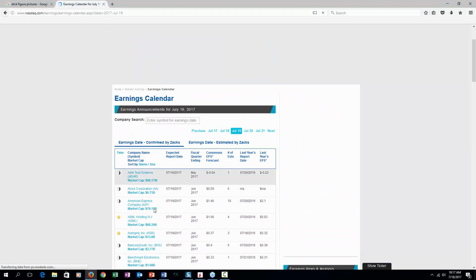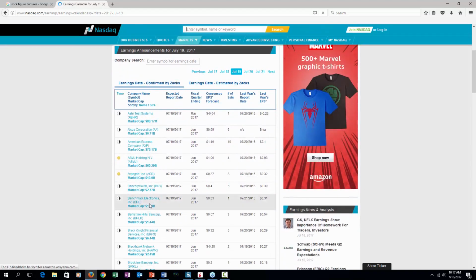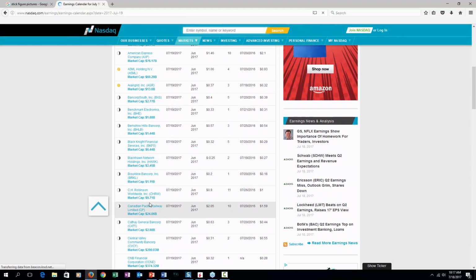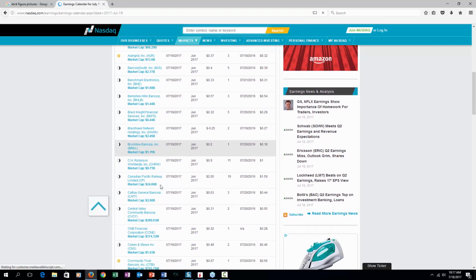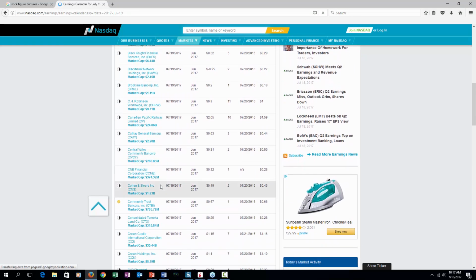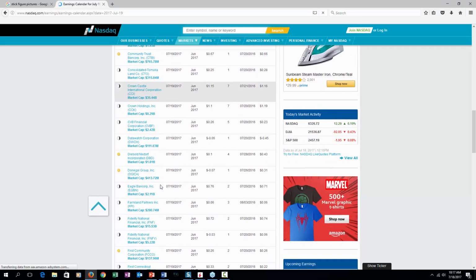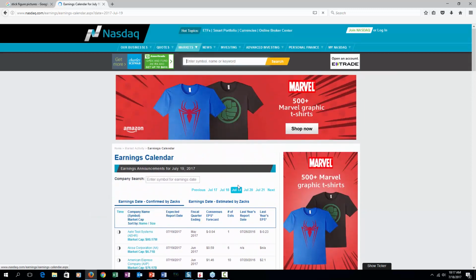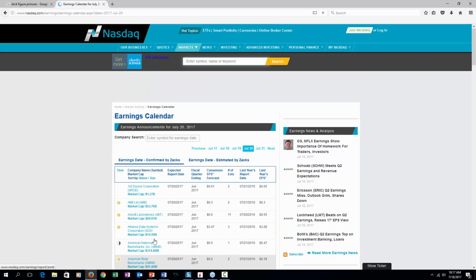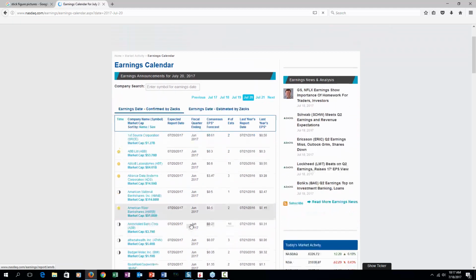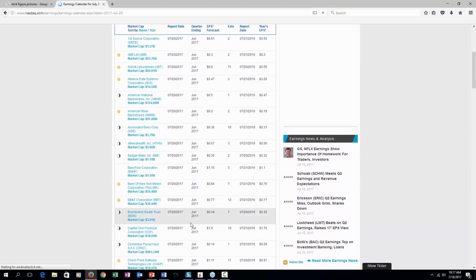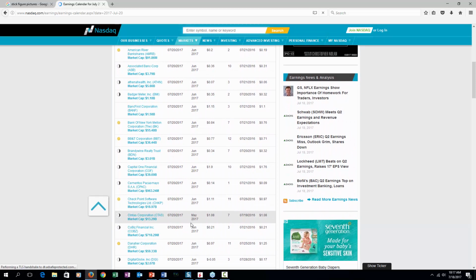Well, American Express is. Okay, and if we keep looking at the list, I'm just at the Nasdaq Earnings Calendar. This is a free website that any of you can go to. Actually, on Thursday, I know there's a couple, but we'll look at a few of these. American Express on Wednesday. On Thursday, July 20th, if we come down here, we can see a few names that are reporting.